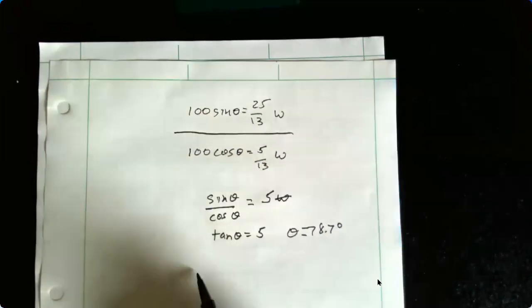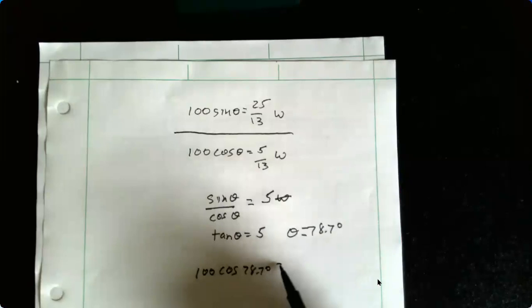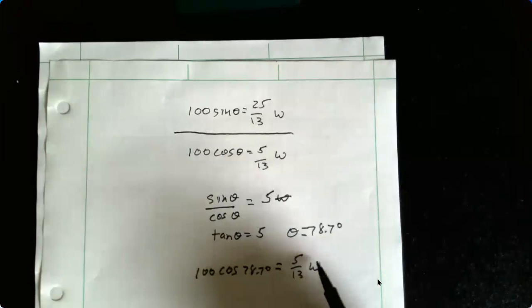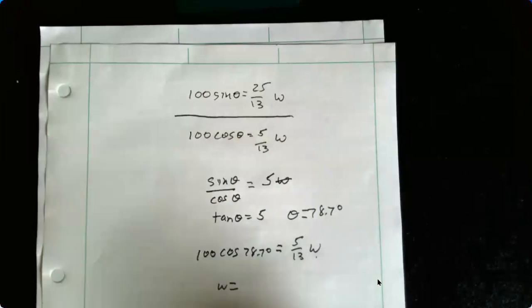So if I go 100 cosine of the angle, which was 78.7 degrees, equals 5/13 W. We got everything in here to solve for W, and W then comes out to be 51.0 pounds.